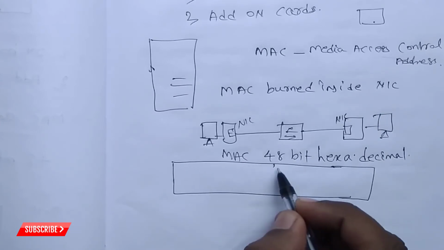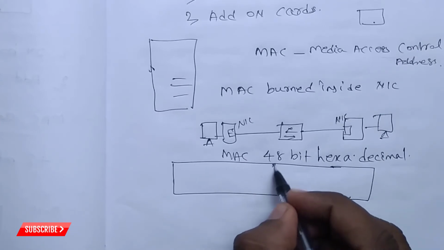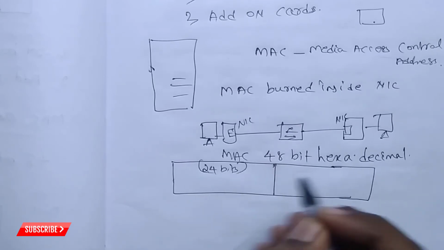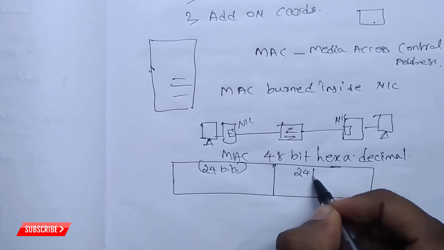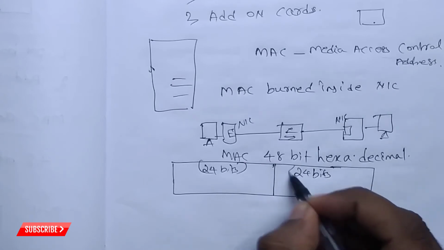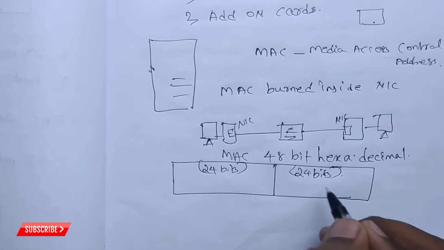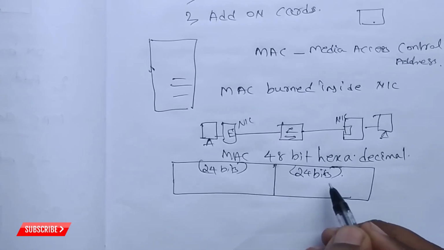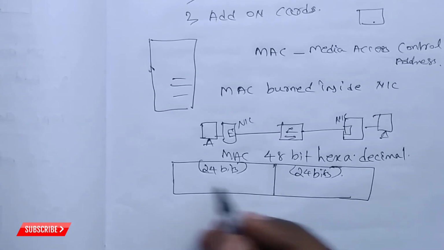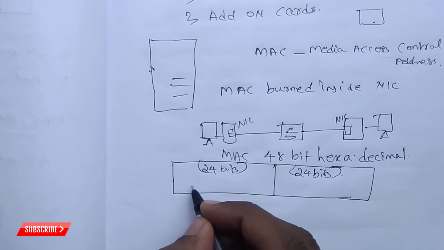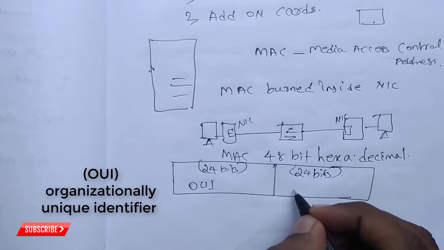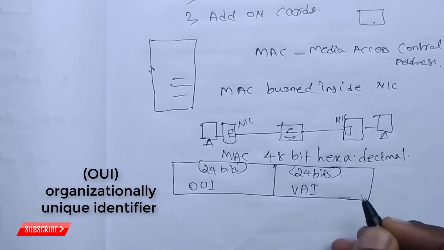This MAC address is again divided into two portions: 24 bits for the first portion and 24 bits for the second, so 24 times 2 is 48. The first portion is known as OUI, and the second portion is known as VAI.